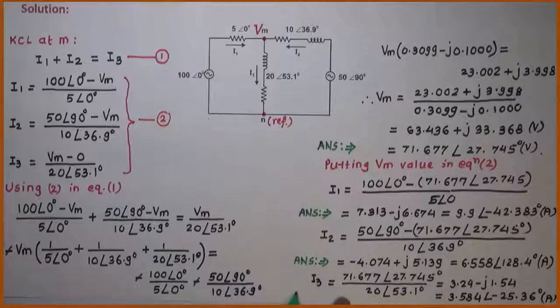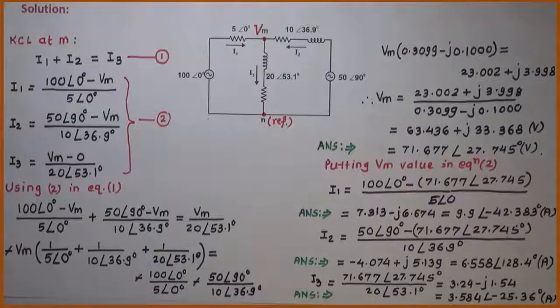I3, it was asked. I hope this problem is clear to you. Whatever calculations I have given you to perform yourself, at the end of this video clip, I have given how to perform these calculations using your calculator.